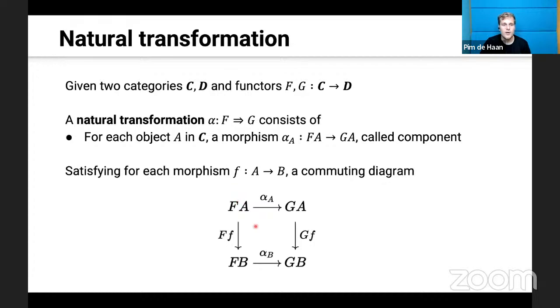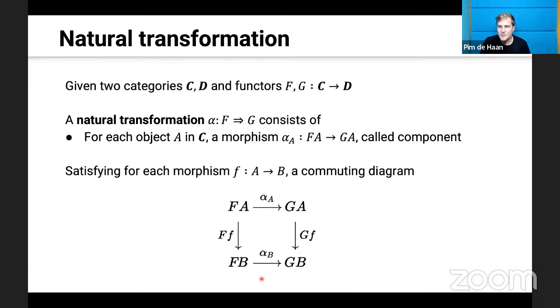Note that we can map the morphism f to a morphism in D by applying the functor F. And we can also map the morphism little f to the category D by applying the functor G. And now we require that if we apply the component alpha A and then the morphism f seen through the functor G, this yields the same output as first applying the morphism f through the functor big F, and then the component alpha B. So this is what a natural transformation is, and this is a lot of words.